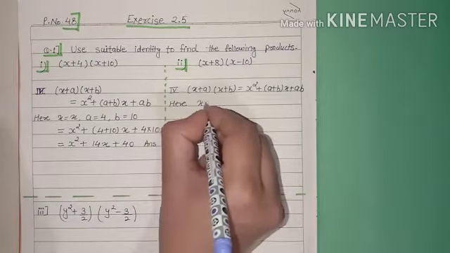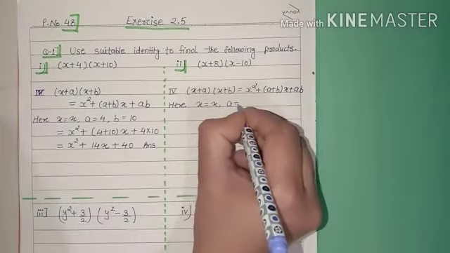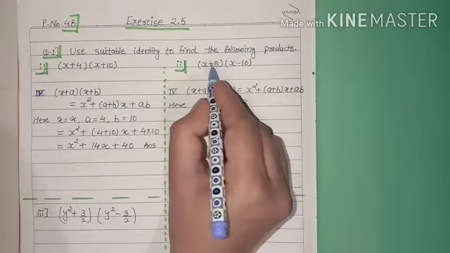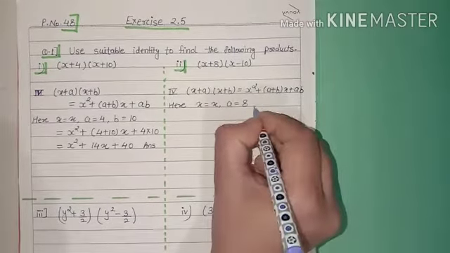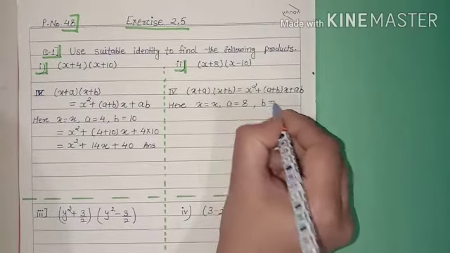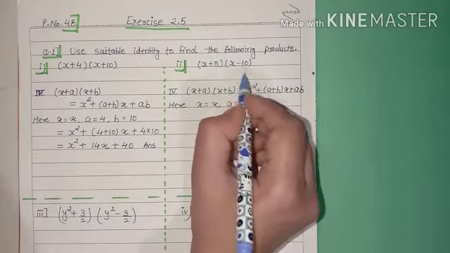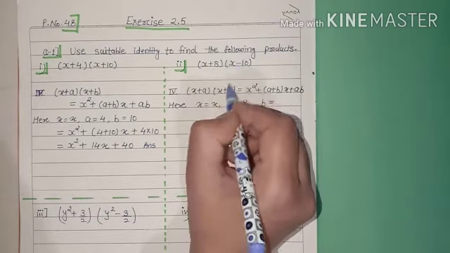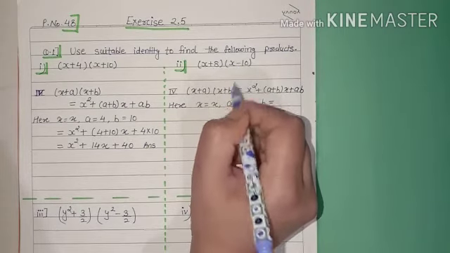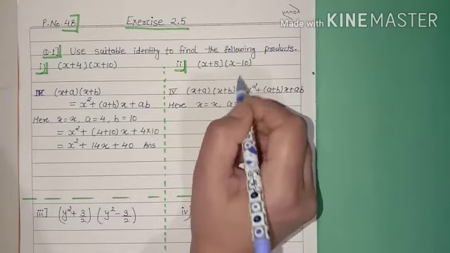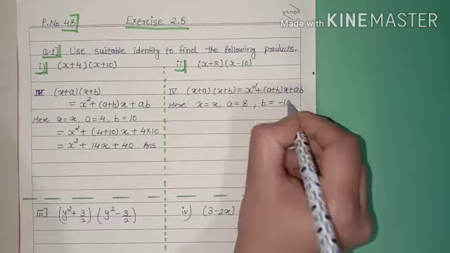Here the value of x is again x, the value of a is 8 in the first bracket, and for the value of b, you can see in the second bracket there is a negative sign. When you compare with b, you have to take the minus sign also. So the value of b will be minus 10.